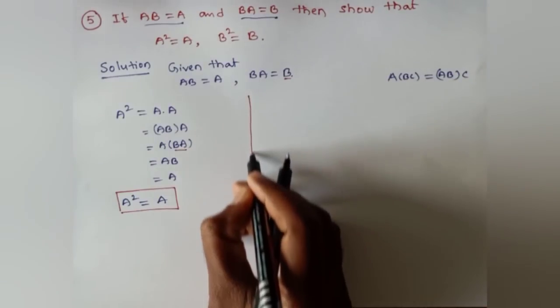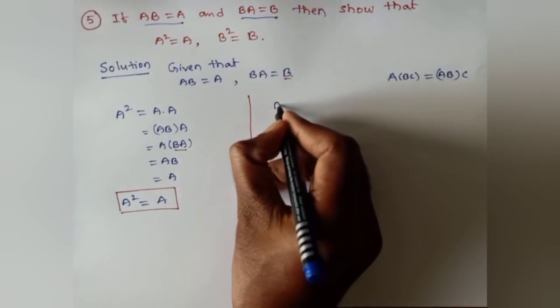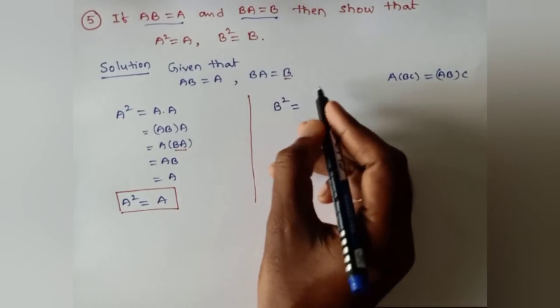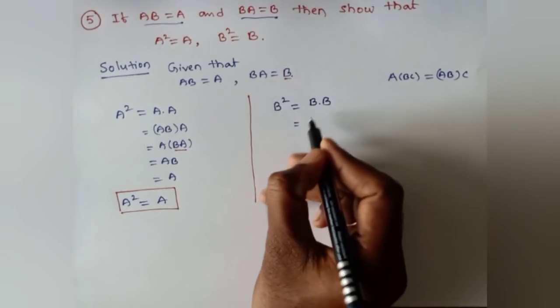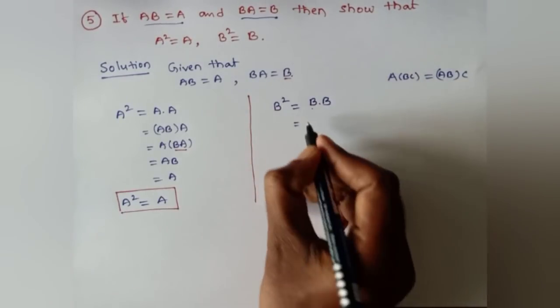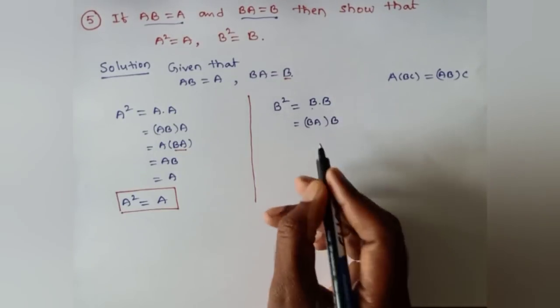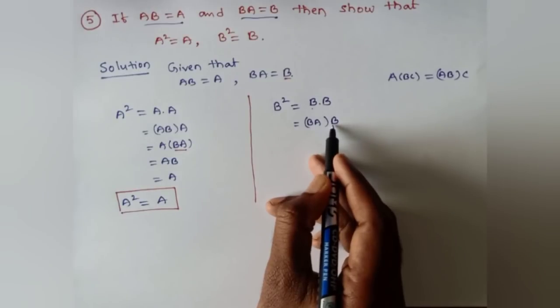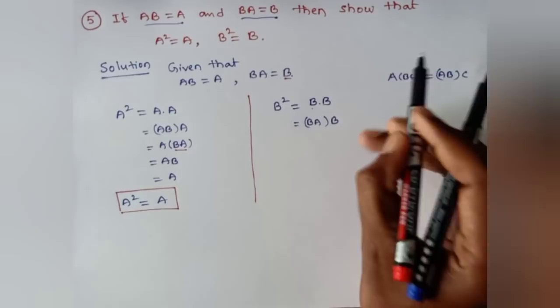Similarly, we need to show B square is equal to B. Let us consider B square, which can be written as B into B. I am replacing the first B with BA, so this is B into A times B. Again, these three are matrices, so with respect to multiplication the matrices again satisfy the associative property.